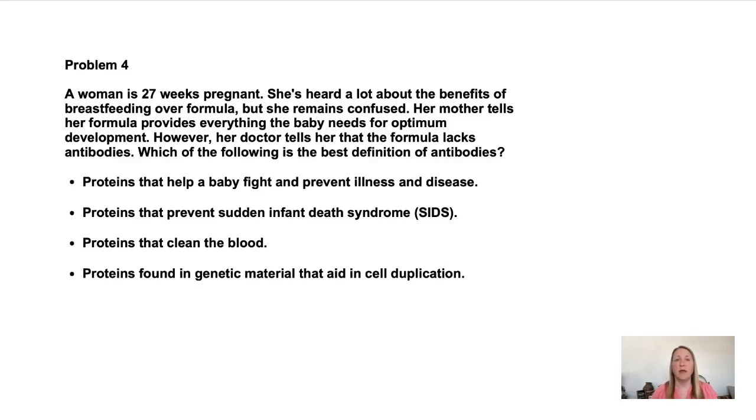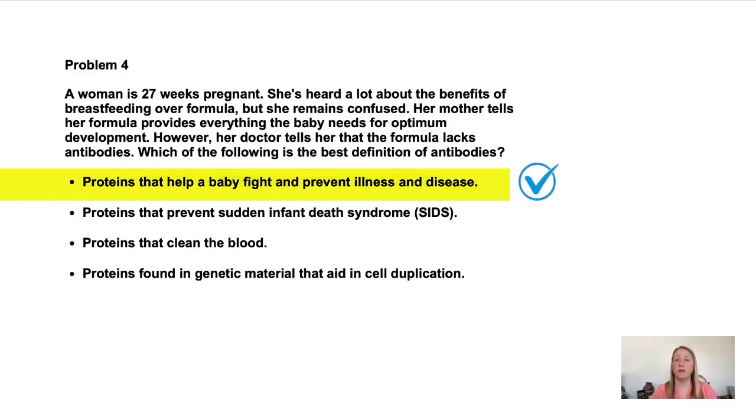Preventing SIDS. Antibodies may reduce risk indirectly, but they don't directly prevent SIDS. Clean the blood is incorrect. That's the job of organs like the liver and kidneys, not antibodies. Aid in cell duplication. This is incorrect. This refers to DNA-related proteins, not antibodies.